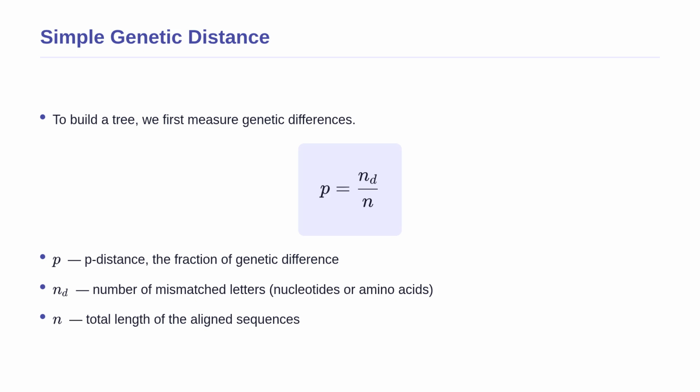The symbol n sub d stands for the number of mismatched letters, such as nucleotides or amino acids, between the two aligned sequences. Finally, n represents the total length of the sequences being compared. Physically, if the number of mutations increases, the distance p also increases, which tells us that the species are less closely related.